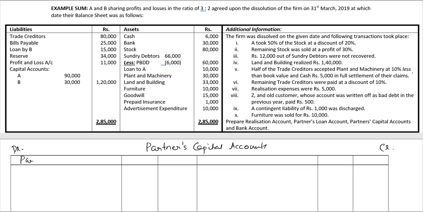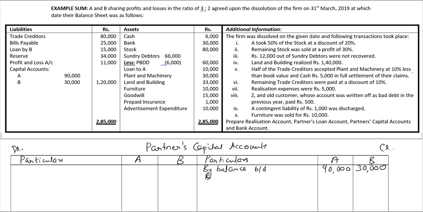We have particulars, a column for partner A and a column for partner B, particulars, a column for partner A and a column for partner B. We'll begin by bringing down the balance of the capital accounts by balance brought down. 90,000 in the case of partner A and 30,000 rupees in the case of partner B.